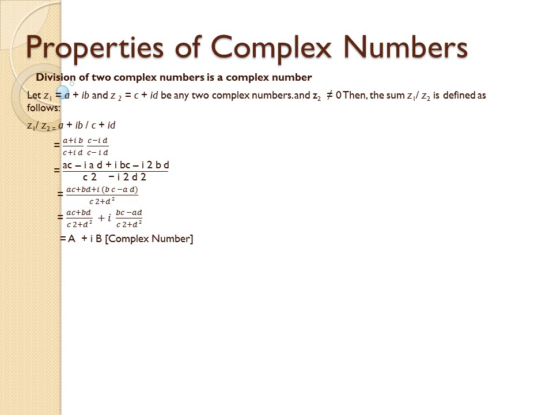So this is a complex number. So these are the four properties of complex numbers. There are many other properties of complex numbers which we are not discussing over here, but in the problems whenever we get them, we will automatically deduce these things. But these four are a basic thumb rule through which different formulas will come.